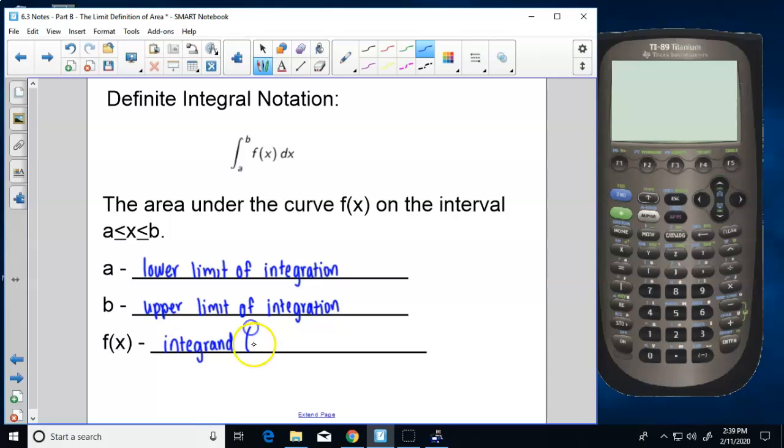And the integrand is what you are integrating. And integrating is finding the area under the curve.